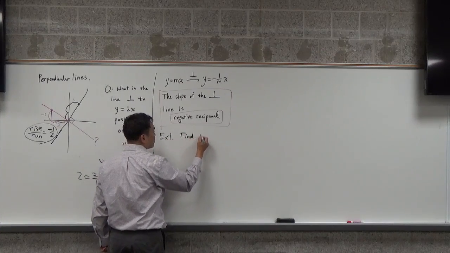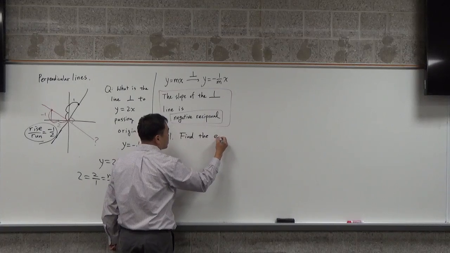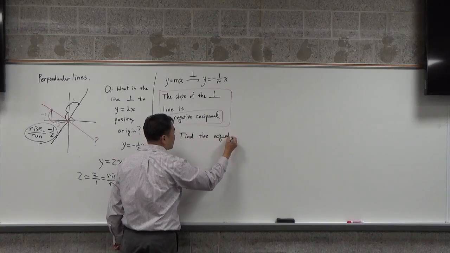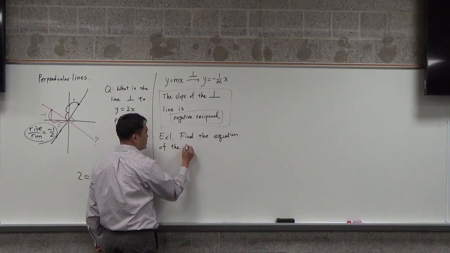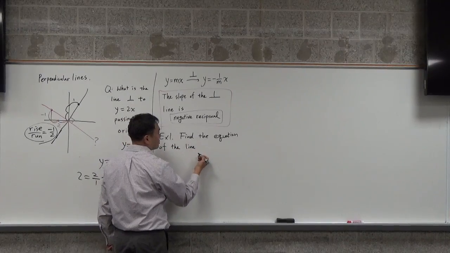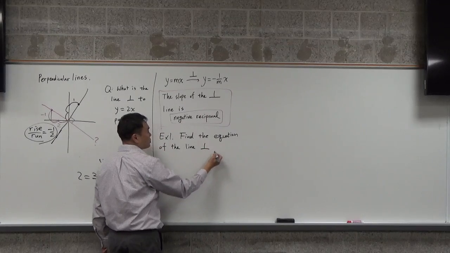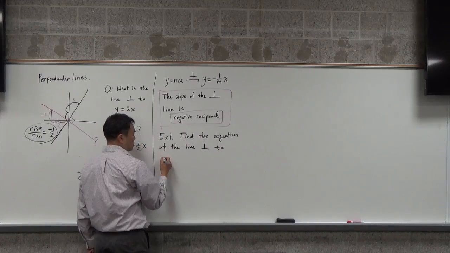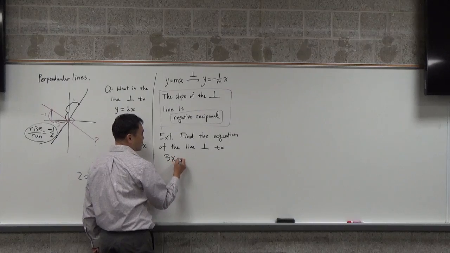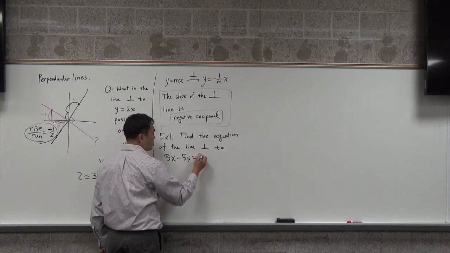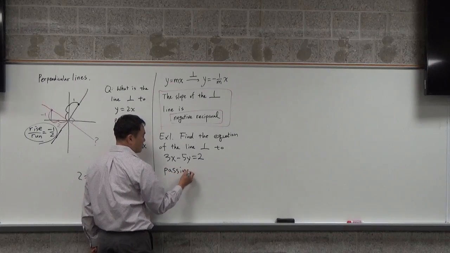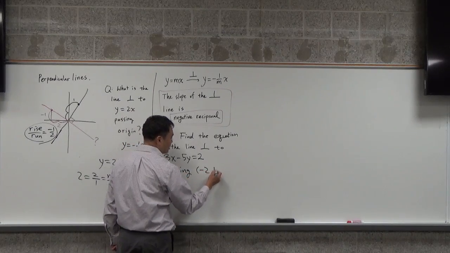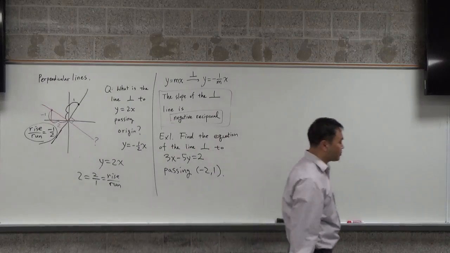Find the equation of the line perpendicular to 3x minus 5y equals 2, passing through (-2, 1). Let's try that.